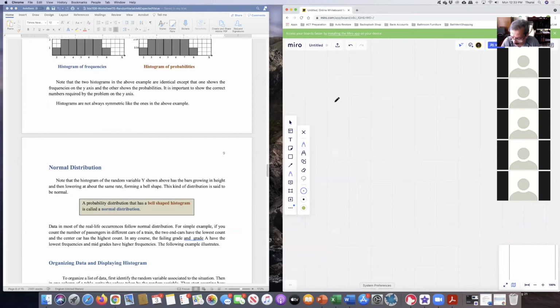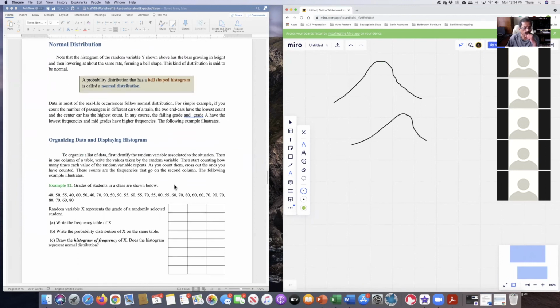So it could be going up like that and then down like that, or it can be like this, kind of skewed. Still, it's normal. We'll be discussing those later when we go to the chapter on normal distribution. That's coming up later. This normal distribution is something we'll be studying a little more.